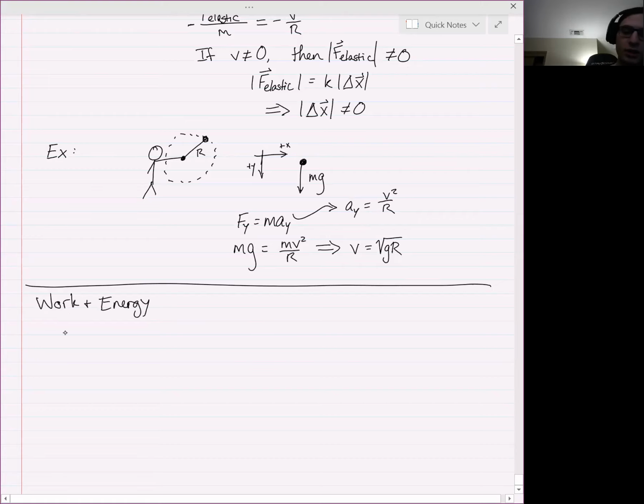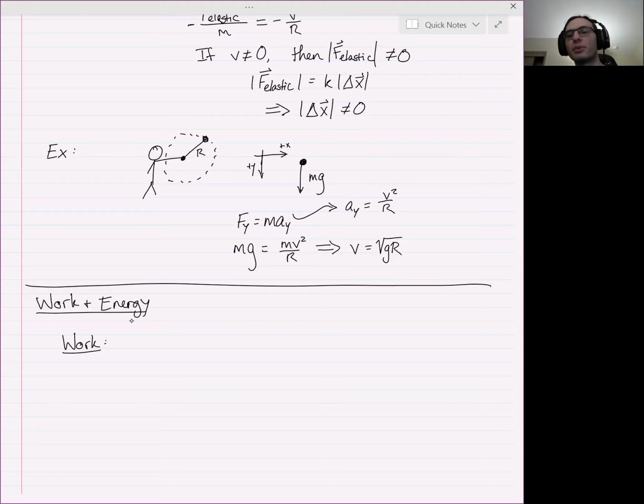So let's first talk a little bit about work. For many problems, it's true that we only care about speed and not velocity. Like if I ask you, how long does it take for a Ferrari to go from rest from point A to point B in a straight line?